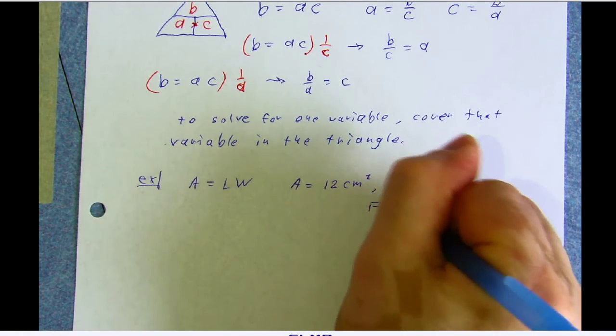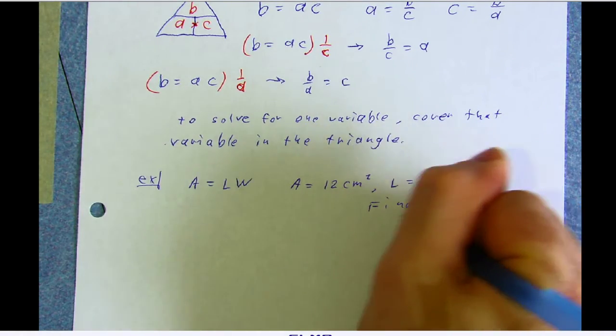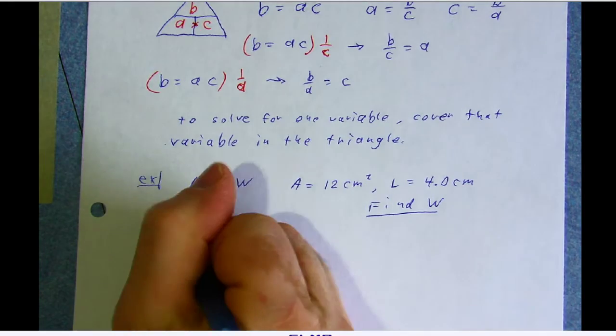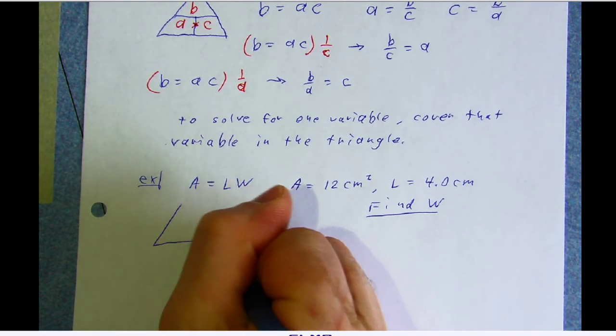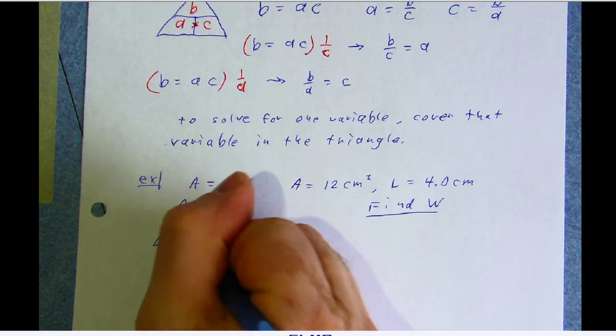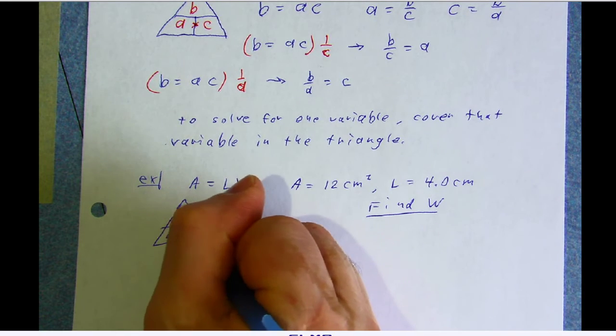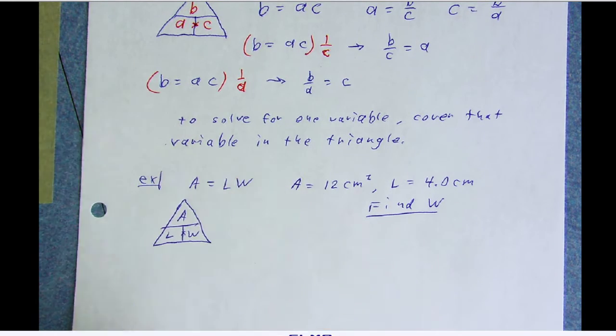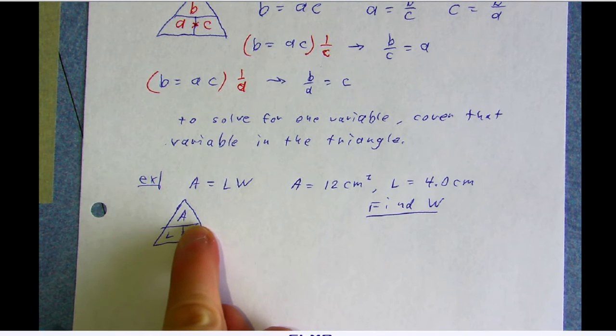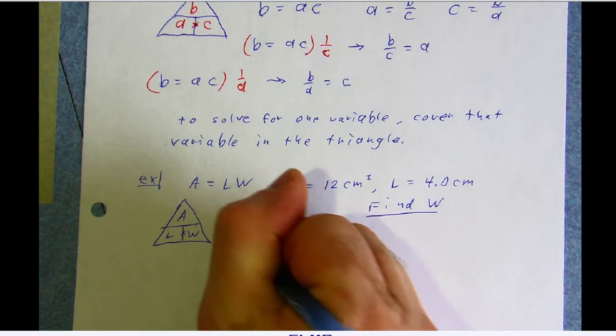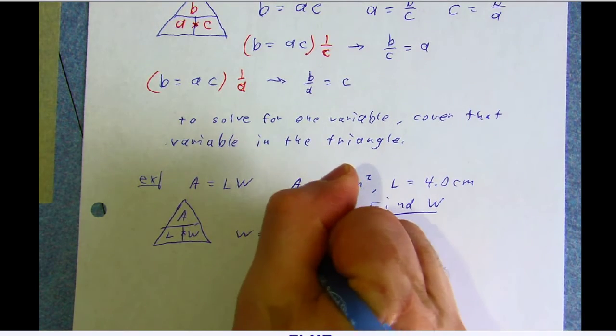Find W. So let's draw our triangle here. A equals L times W. We want to find W, right? So W is just A over L.